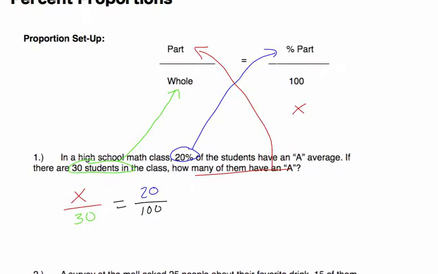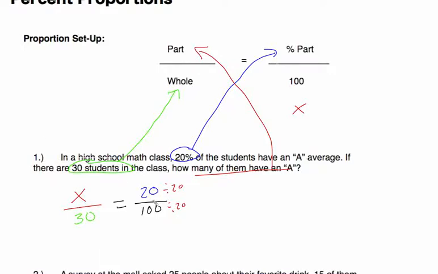Okay, from here, I need to solve the proportion. All right, now I'll remember, always try to simplify first. I notice I can simplify this right here. Okay, if I divide each by 20, that can simplify this down.